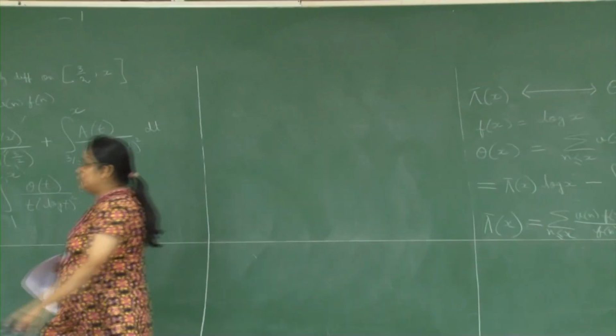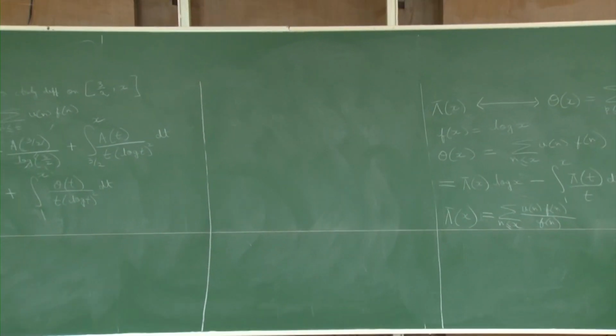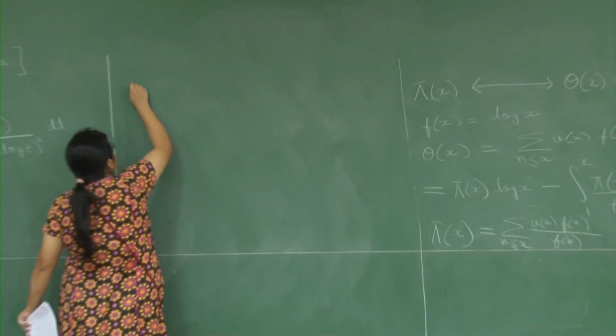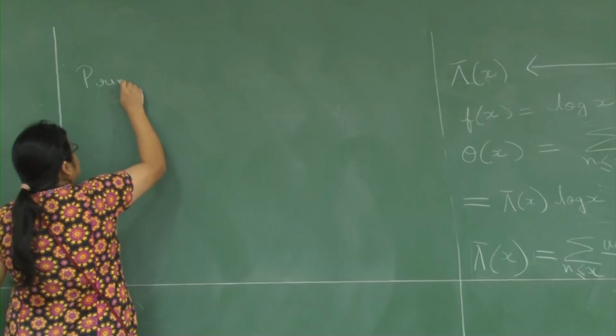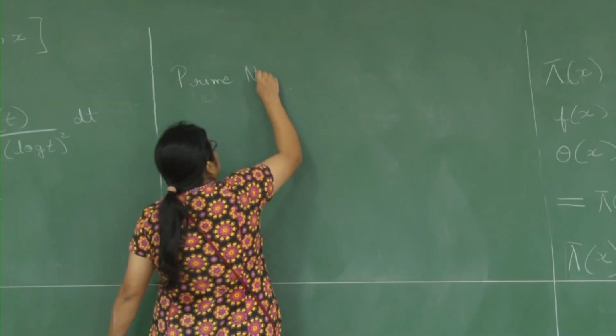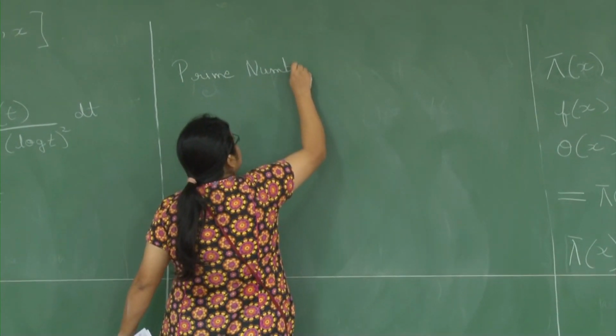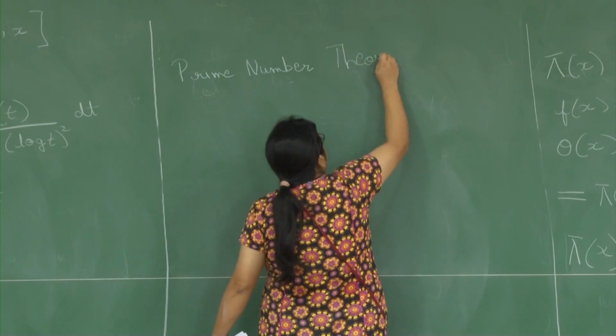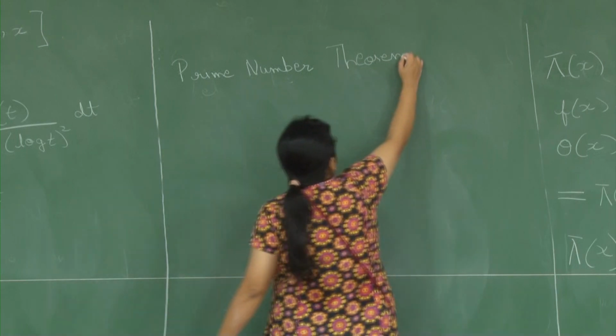So, what is the prime number theorem? It is a very important theorem in the study of distribution of prime numbers. I will indicate over the next few lectures, we will learn techniques which will lead to a complete proof of this theorem.